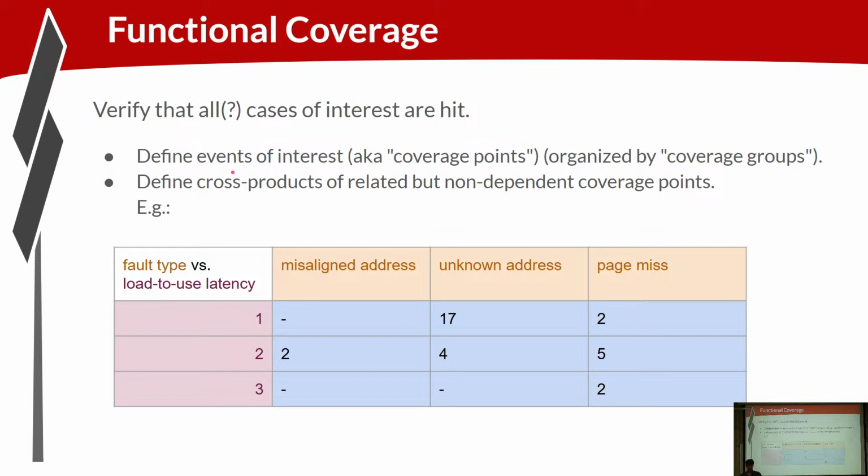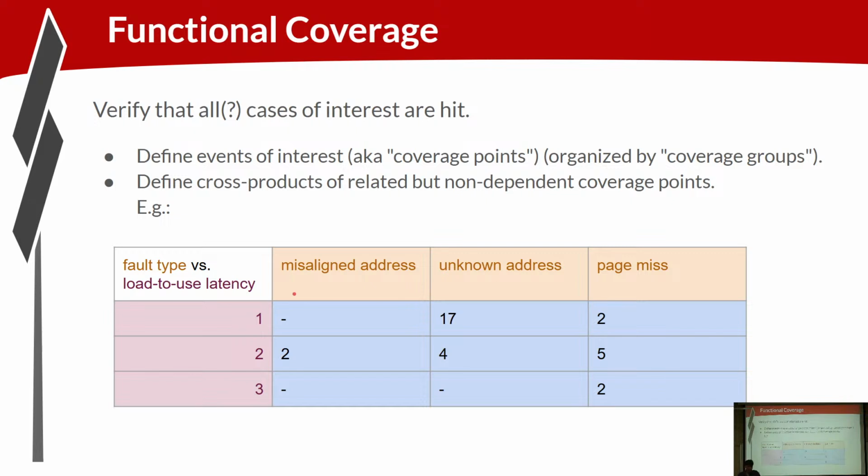Just as an example, we define various events of interest, coverage points, and a typical approach is to do a cross product. So you might have some interesting set of events, like here we've got a misaligned address, an unknown address, a page miss. So this would be some sort of memory controller logic.